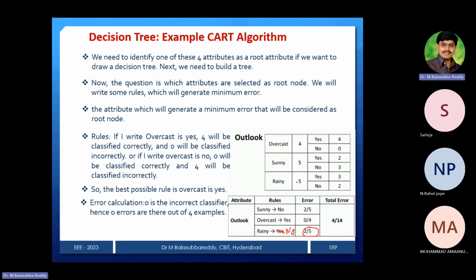Rainy is no means 2 will be classified correctly and 3 will be classified incorrectly. So incorrect is 3, total is 5, and your error will be 3 by 5. Instead of 2 by 5, you get 3 by 5. That is the reason you have to take the rule in such a way that the error is minimum.